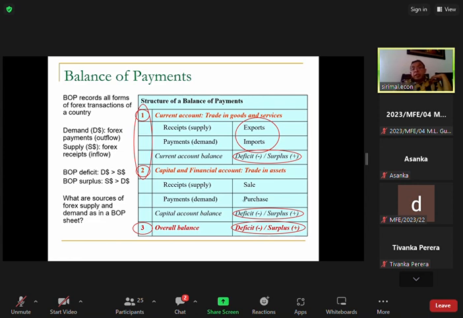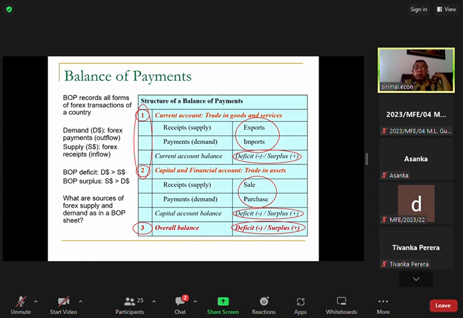If this side is getting stronger, and that stronger account may be borrowings, then you need to understand that there is a problem in the balance of payment. Those are the ways and means of identifying the balance of payment issue.